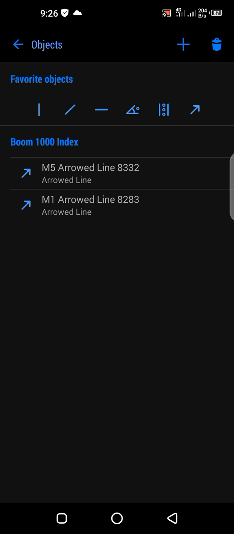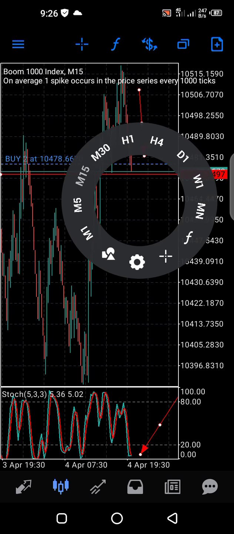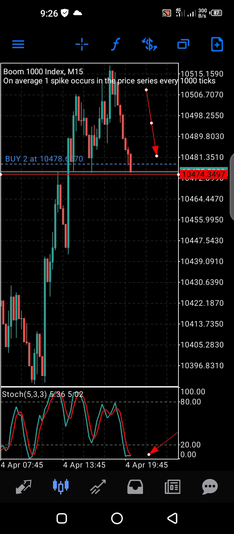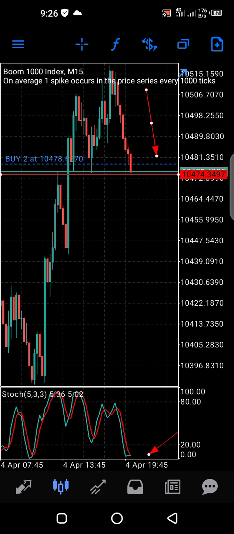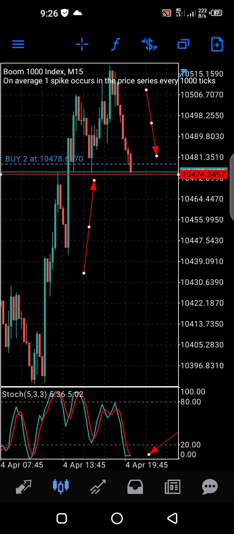And let me use a line like this to show. Okay, you can see now. Let me zoom in. You can see that at this point we have a very strong support here. On 15 minutes we have one, and also we have another support here. So this is two supports.